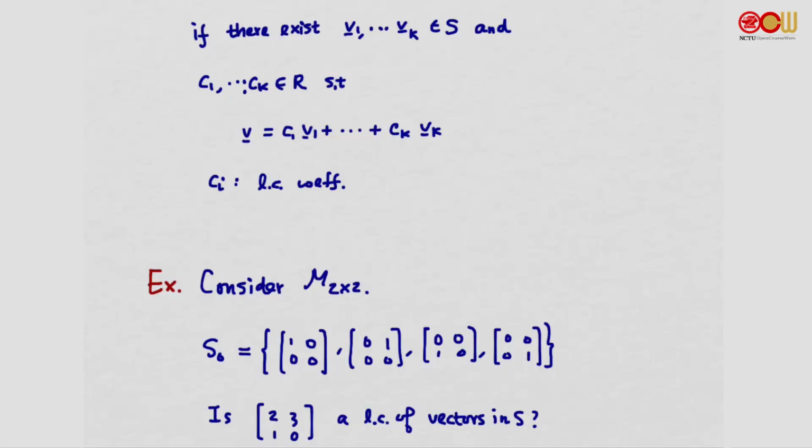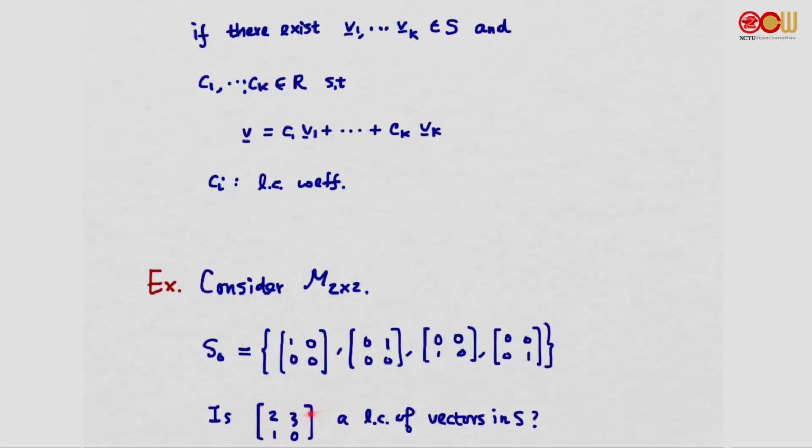For example, let's consider M2x2, and let's consider the set S. It has 4 vectors. Of course, the vectors in M2x2 are matrices. So we have 4 matrices: [1 0; 0 0], [0 1; 0 0], [0 0; 1 0], [0 0; 0 1]. Question: is this matrix a linear combination of the vectors in S? And we can linearly combine these vectors to get this vector, right?